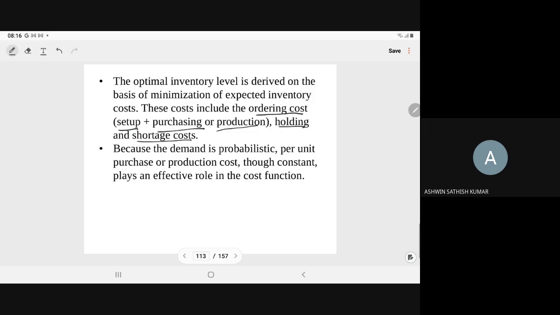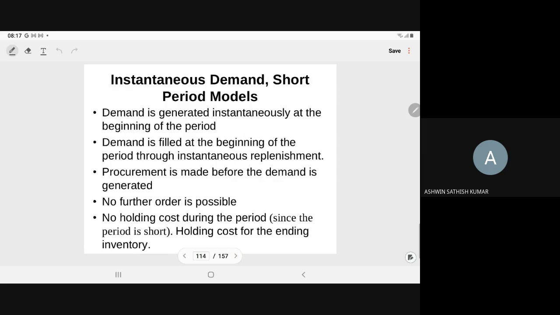The same thing we have done for the earlier model also. Here also we compute the expected total cost comprising procurement cost, holding cost and shortage cost, because demand is probabilistic in nature. Here the per unit purchase and production cost, though constant, plays an effective role in the cost function.